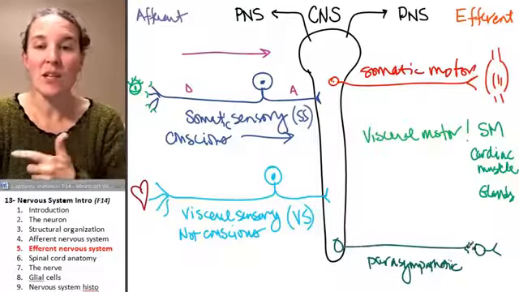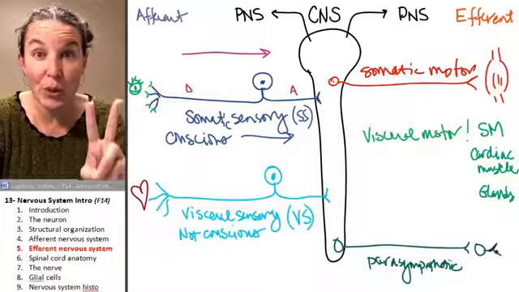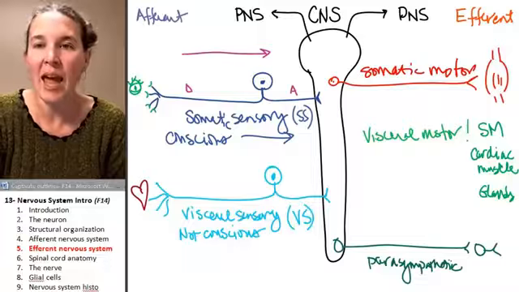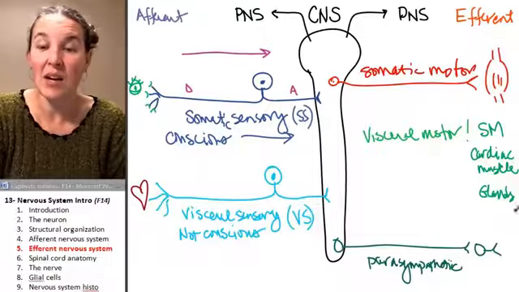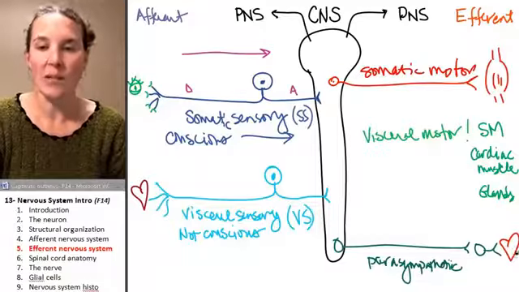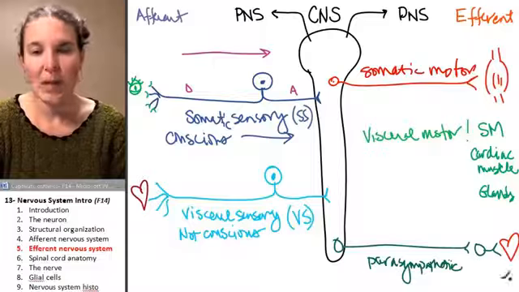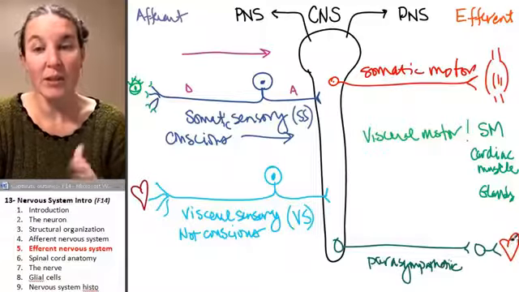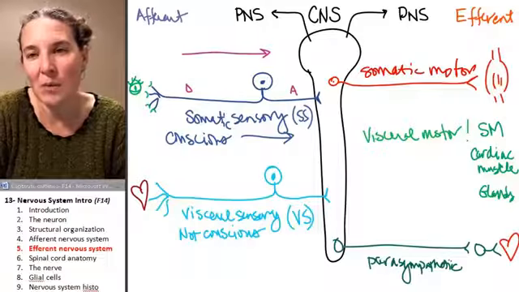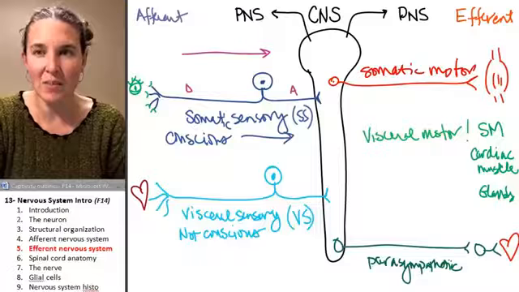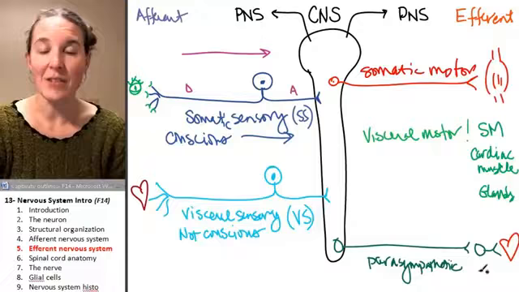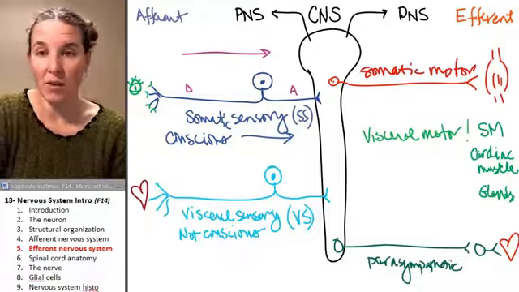The information follows a path with two neurons. It's a two-neuron series to get to my effector. And just for the heck of it, because cardiac muscle is one of my effectors in a visceral motor system, we're going to say that my effector here is the heart. Parasympathetic fibers innervate smooth muscle, cardiac muscle, or glands. And you probably already know this, but the parasympathetic nervous system causes a decrease, a slowdown, a relaxing. Life is good when parasympathetic fibers are activated.